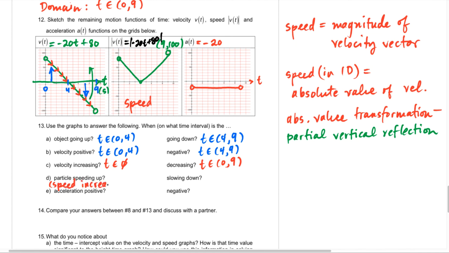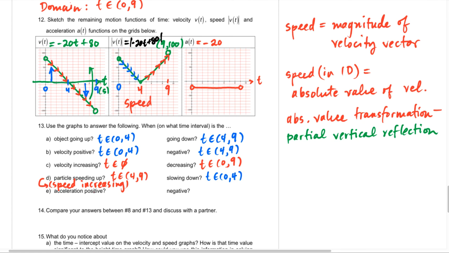Speed increasing is consistent with the times from 4 until 9. And so we have time contained from 4 to 9 answering this question, and that's as the object is on its way down. So from the maximum height speeding to the ground, the speed is increasing. On the way up from time 0 to 4, the speed is decreasing, and we can see that the speed graph is decreasing from 0 till 4 seconds.